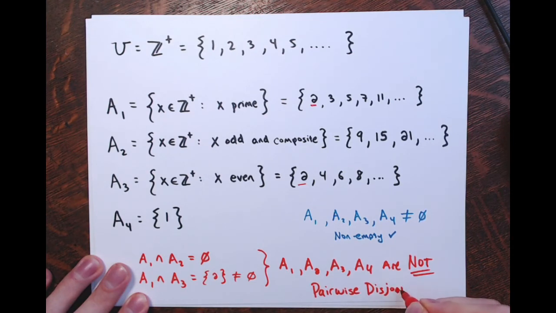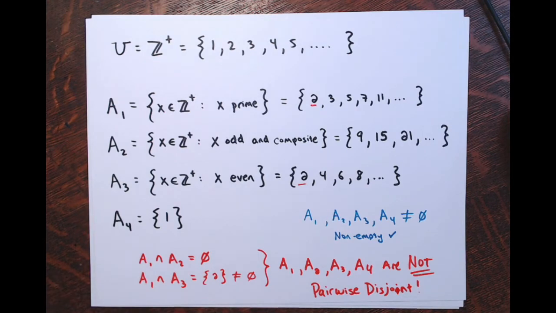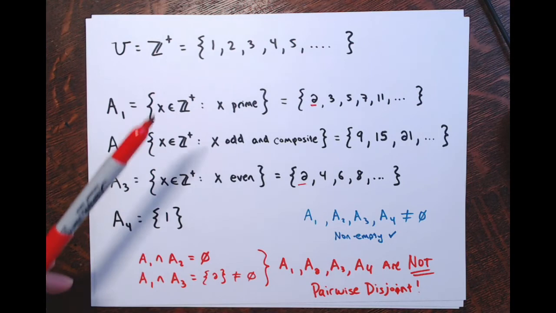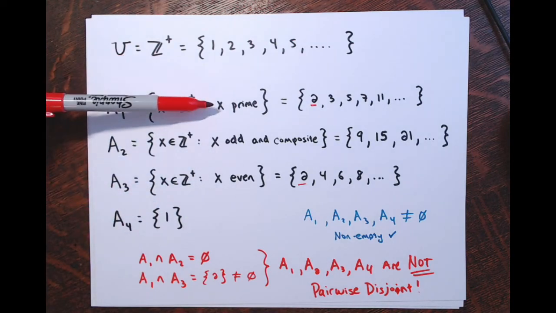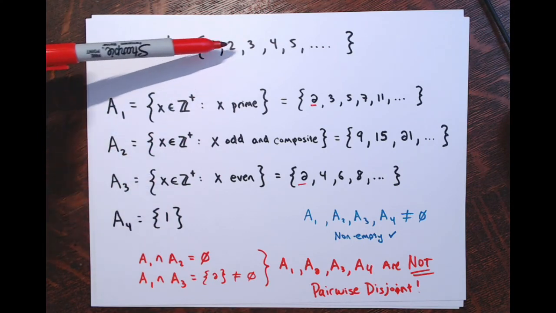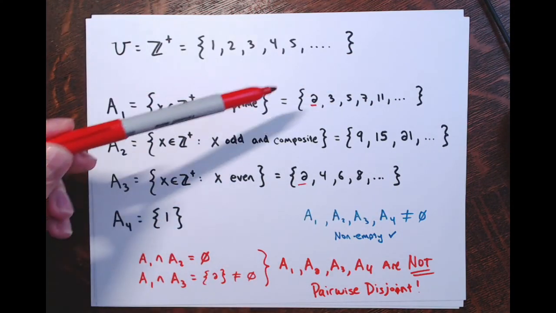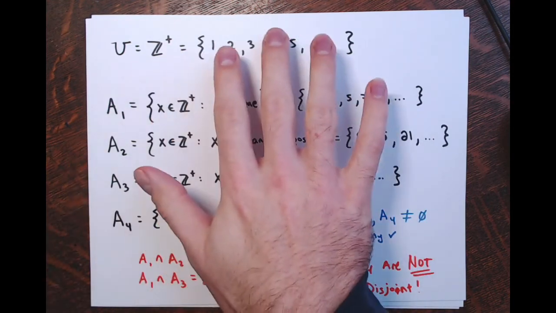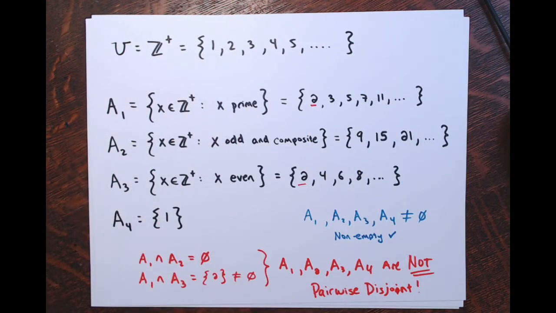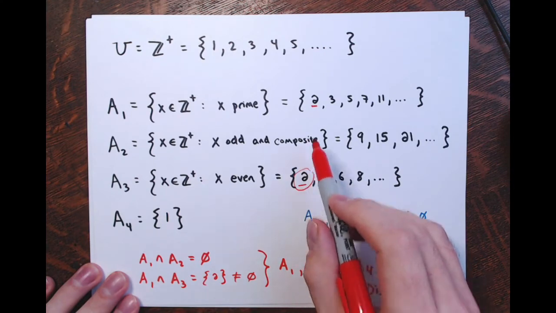And since they actually have some overlap, they can't possibly form a partition of the positive integers. Their union is the positive integers. If I take the union of all these sets, I'll have every positive integer. It's just that some of these sets have some overlap. So you're not breaking the positive integers up into non-overlapping pieces. That's what a partition is. You break up a set into non-overlapping pieces, but there is overlap here.